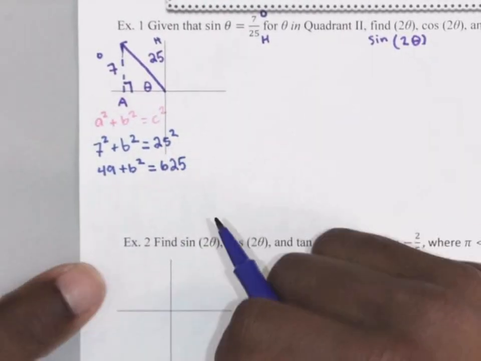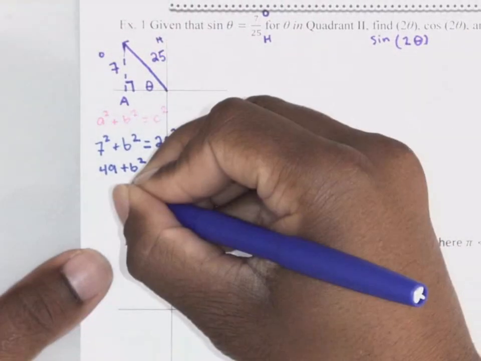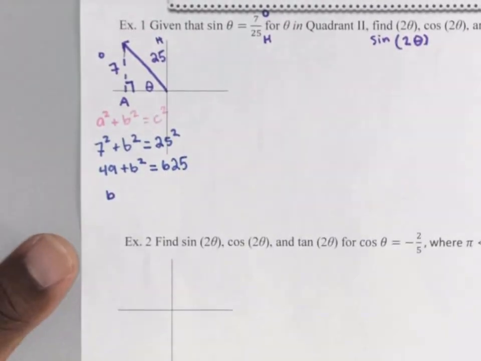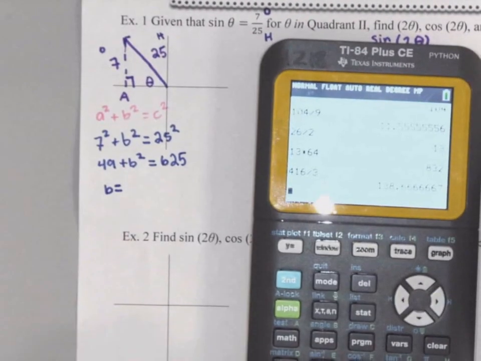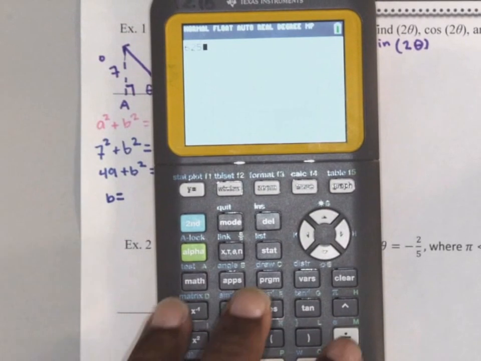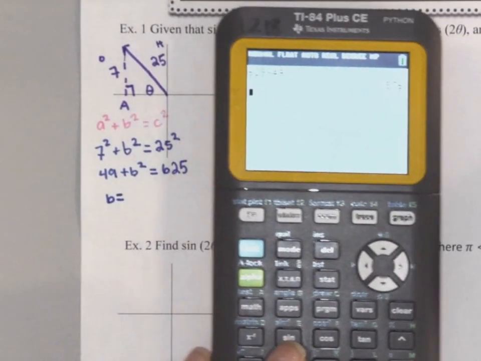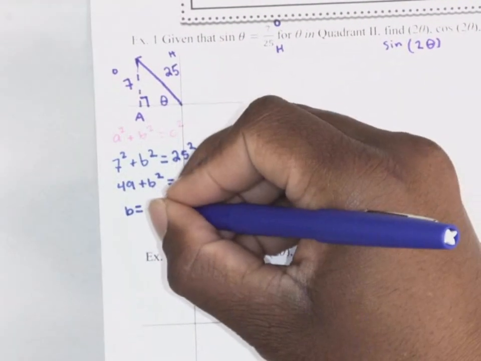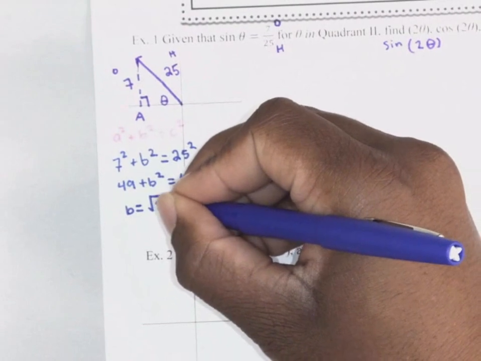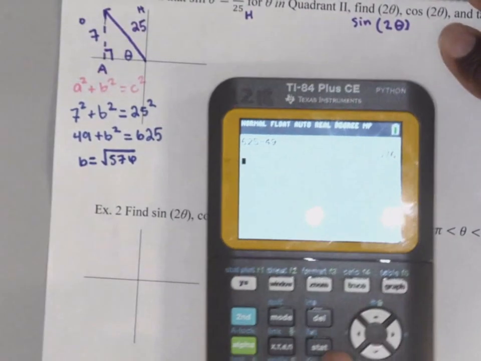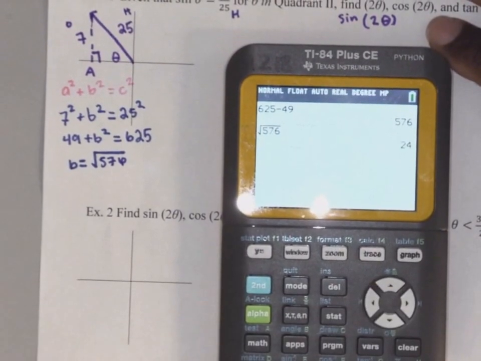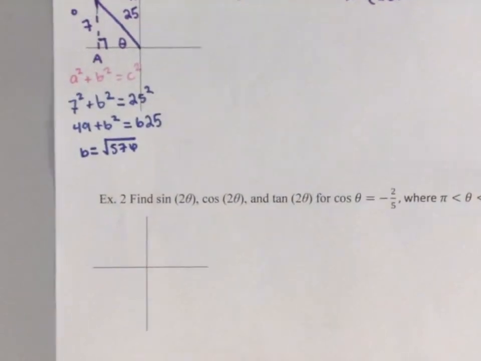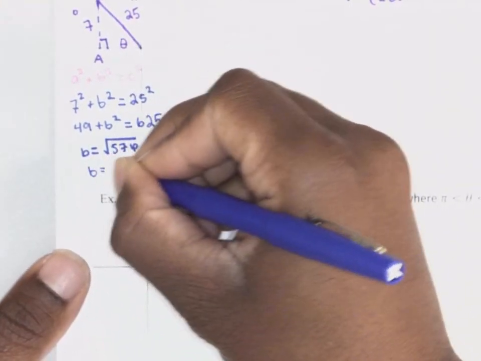You just put these numbers in your calculator. Then I'll subtract what from both sides? The 7 squared, 49. And I get 576. And then I will look to do the square root of that. And I'm hoping to get a whole number. And I do. It's 24. So the adjacent side is 24.